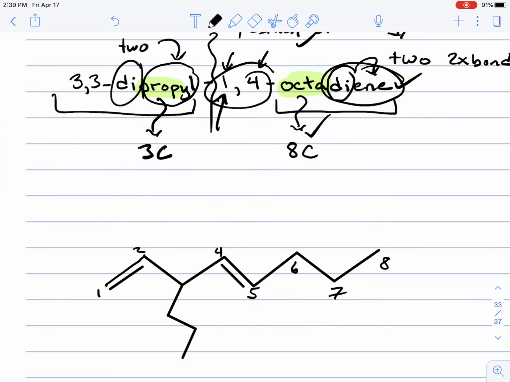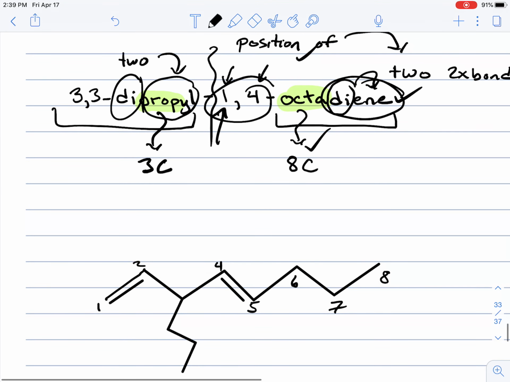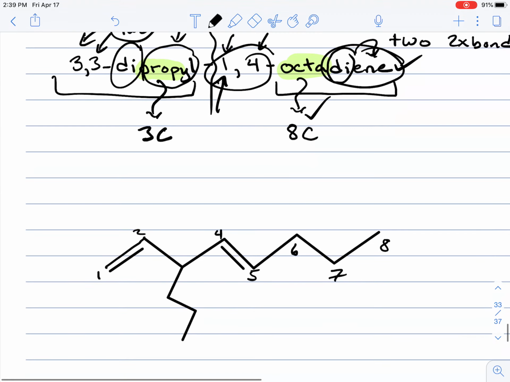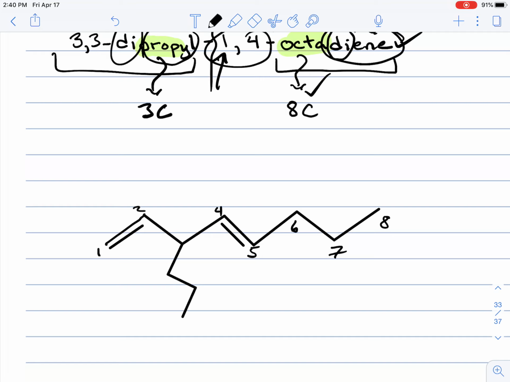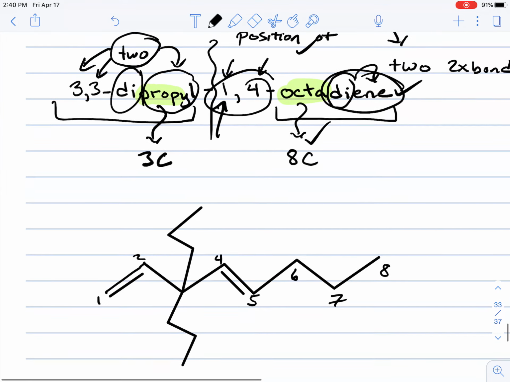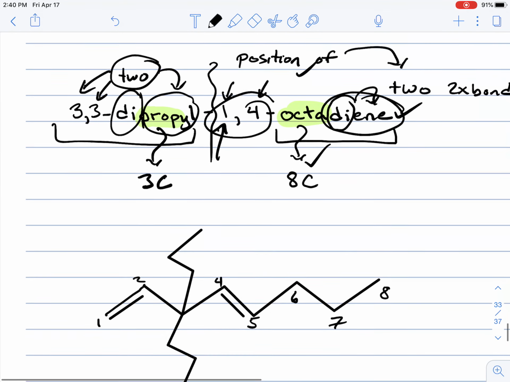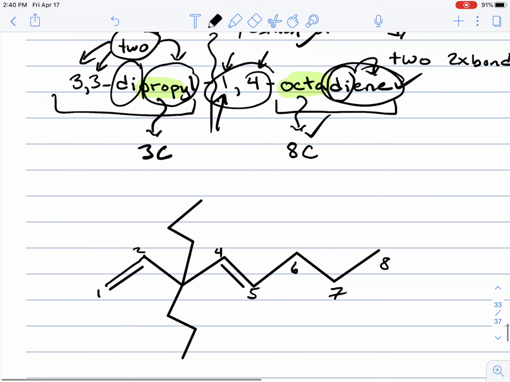Now, I've only put 1 propyl group, and the name tells me that I have 2, and they're both on the same carbon number, which is carbon 3 on the parent chain. And so I'm going to go ahead and put another one, so that's carbon 1, carbon 2, and carbon 3. So this is going to be my organic structure based on the name that's given to me.